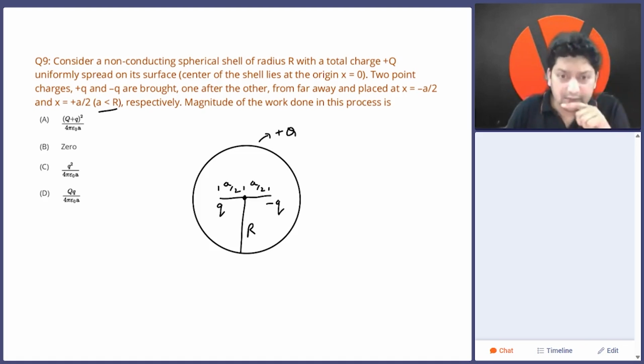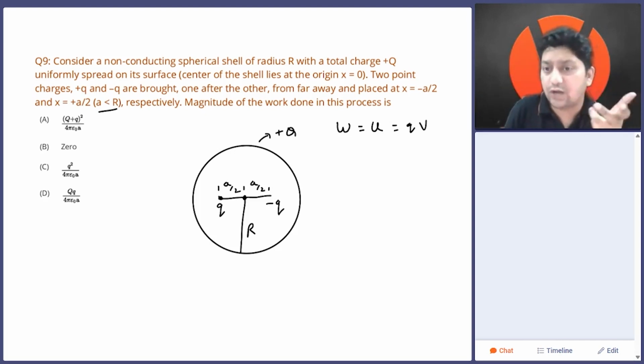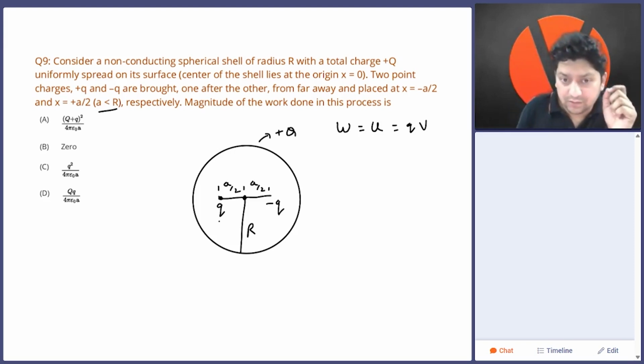Now, let's figure out first what is the work done to bring positive q charge at this position. As we know, in the case of a spherical shell, the potential inside the shell is constant, and we also know that the work done is equal to the potential energy stored in the charge, because we have brought the charge from infinity to a particular position, and this potential energy can be written as charge into potential, q into V. So first of all, let's find the work done to bring the positive charge.